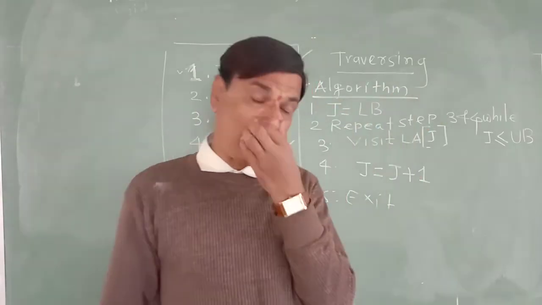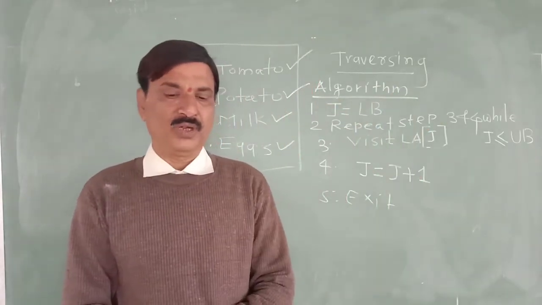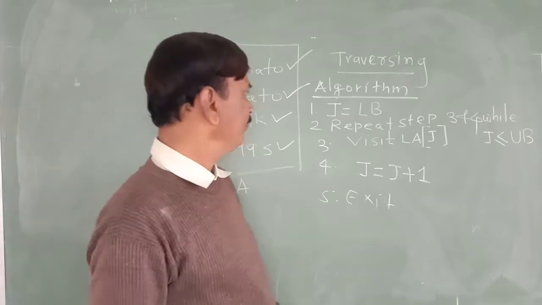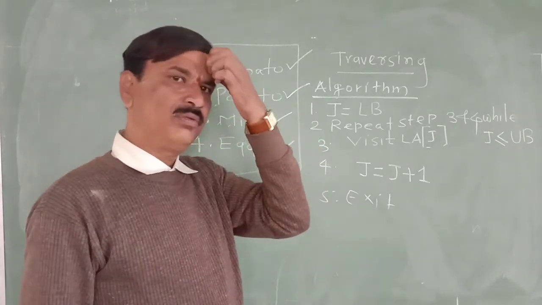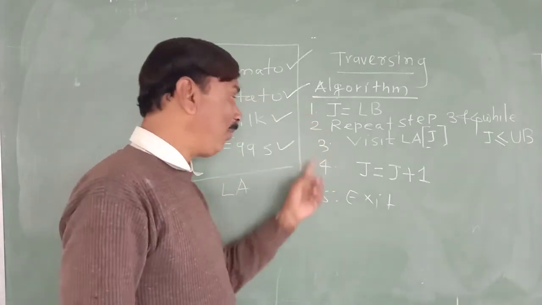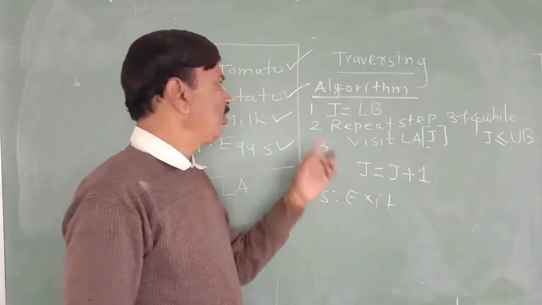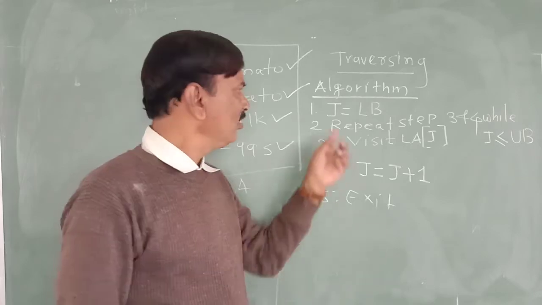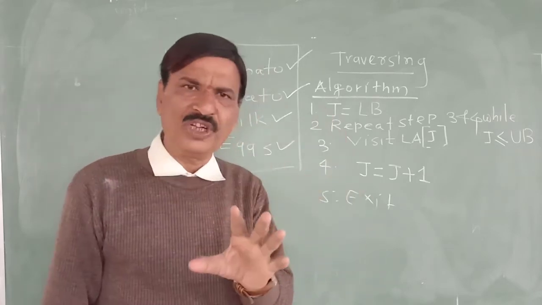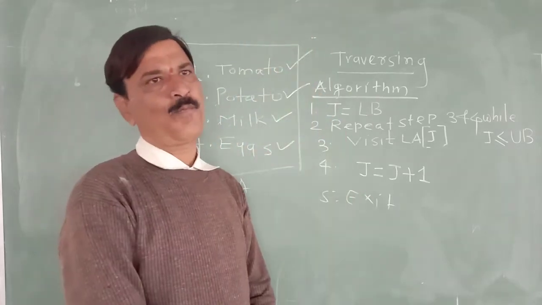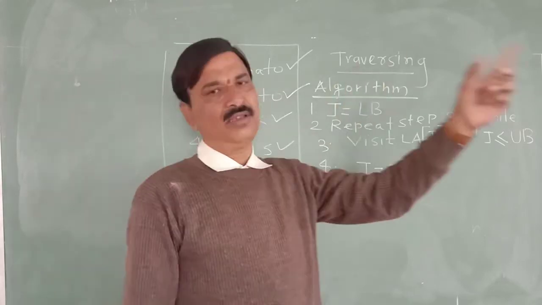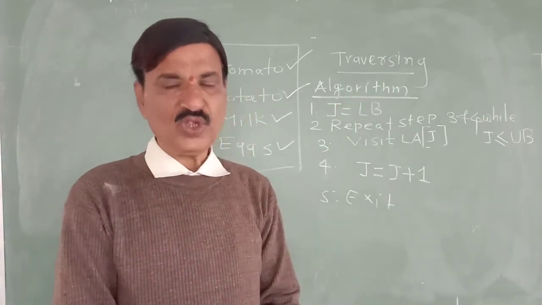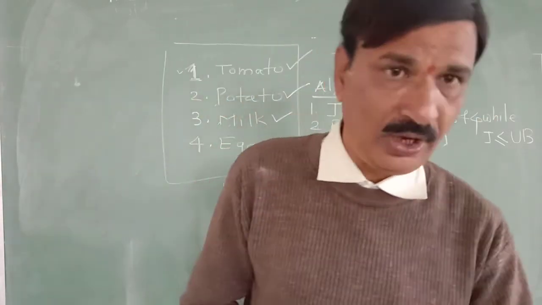So what is the definition of algorithm? Algorithm is a set of finite number of well-defined steps to solve the problem, that is traversing. So first of all we will write down the definition of algorithm.